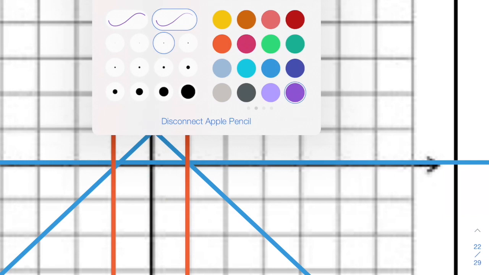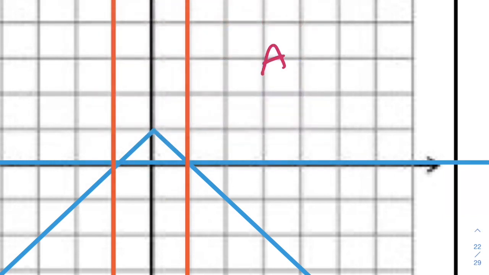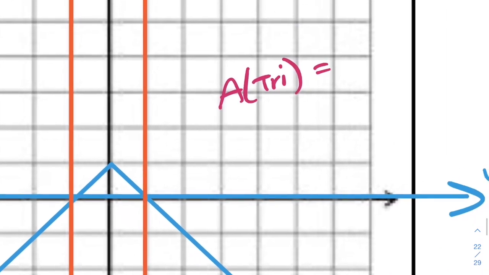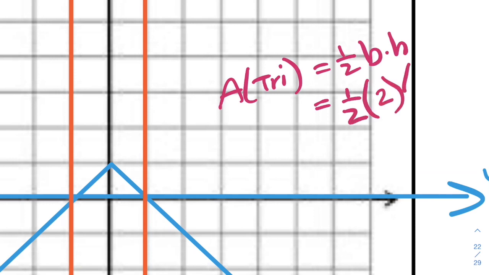So the area of a triangle equals 1/2 base times height. So it's going to be equal to 1/2 times your base, which looks like it's 2 units wide, times your height, which is 1 unit high, and that looks like it's half of 2, which is 1. 1 times 1 is 1.